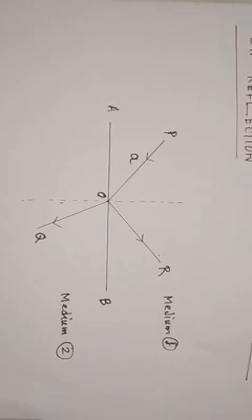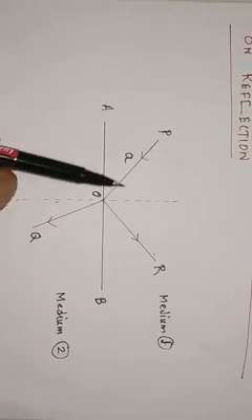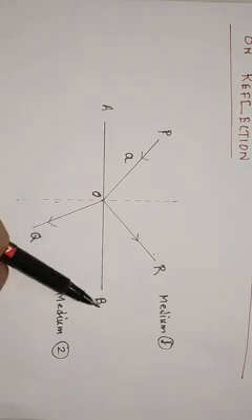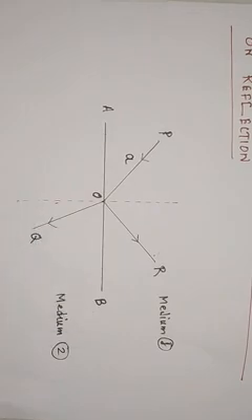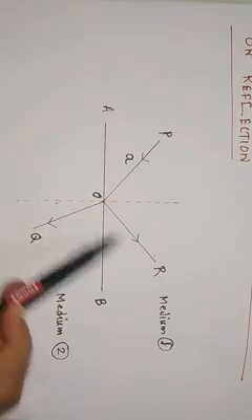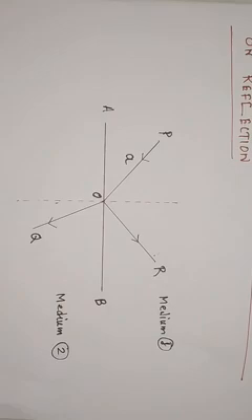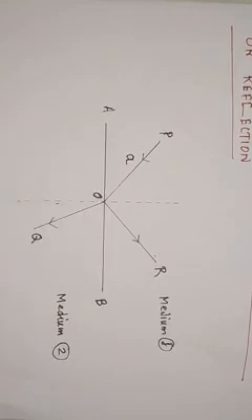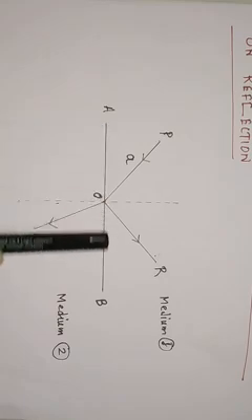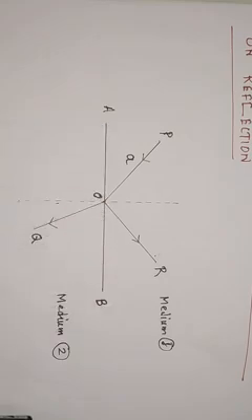It means that when a ray is travelling in medium 1 and is incident on the surface AB, the fraction of the amplitude which will be reflected in medium 1 is r. Similarly, when a ray is travelling in medium 2 and is incident on the surface AB, it will have a different reflection coefficient, not equal to r, because now it is travelling in the different medium 2.